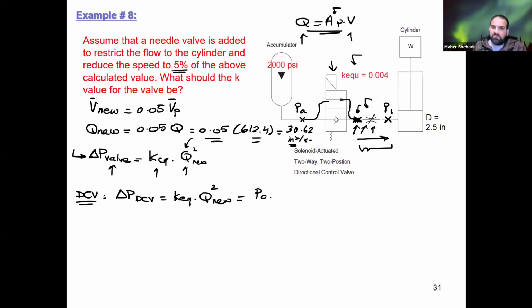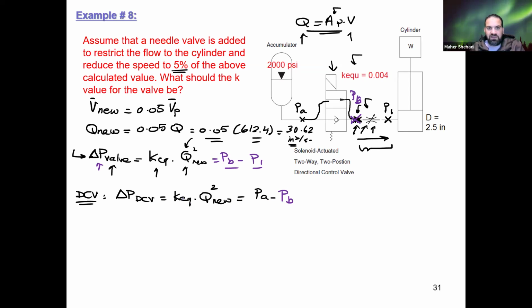It's PA minus, let's call this point B, so minus PB, and that's what we need. If I can find it, I can plug it here, and it would be PB minus P1. And then I can find K equivalent, because we have P1 given as 500.